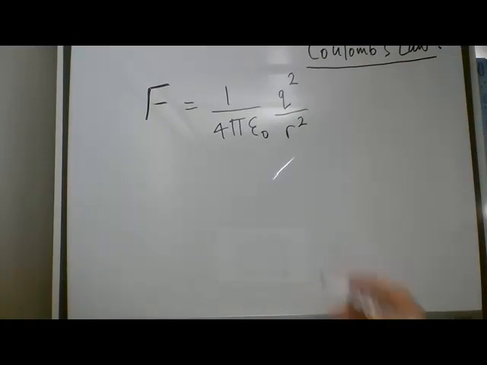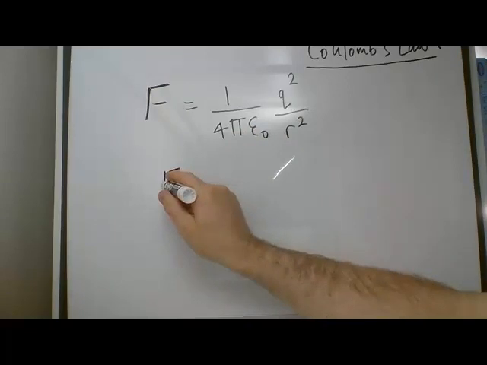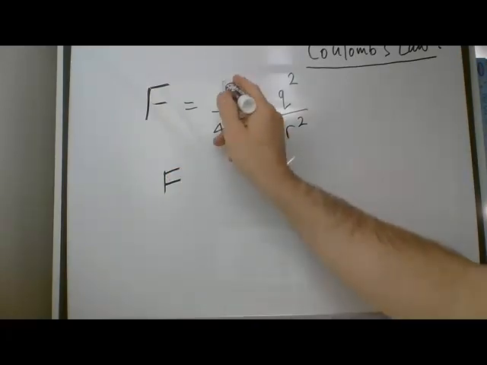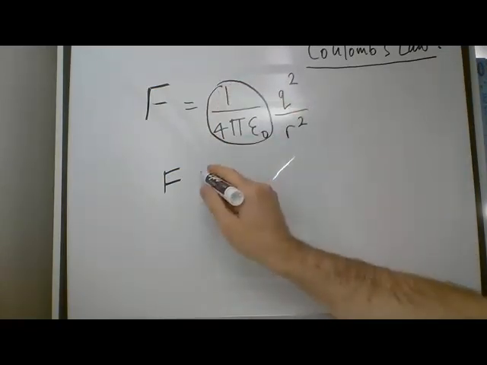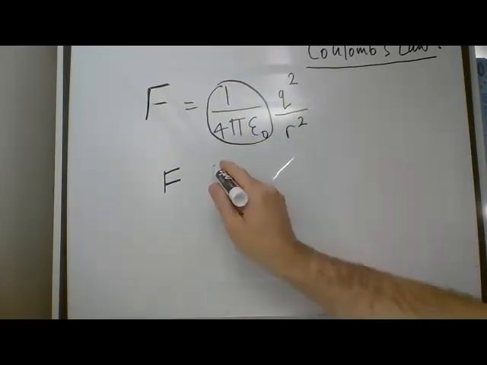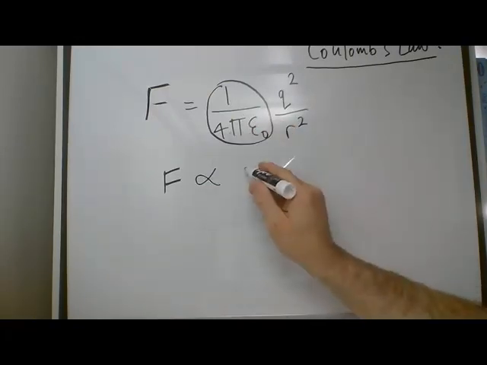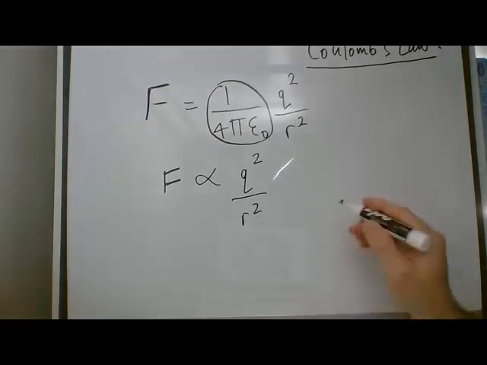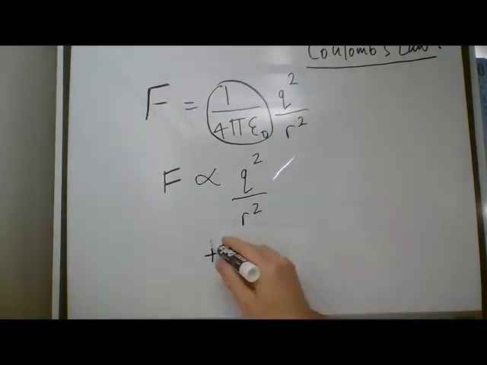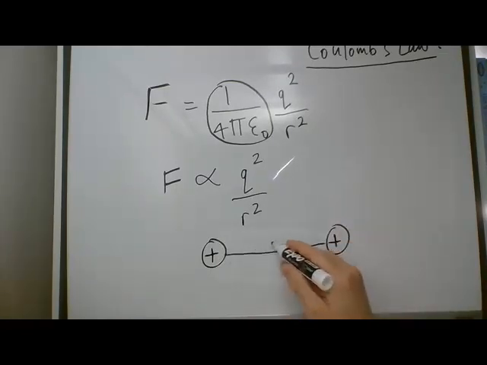So we can say that the force, let's just call this a constant, and we'll change the equal sign to a proportional sign. So we're incorporating the constant in here. The product of the charges over the square of the distance between them. Let's say we have a positive charge and a positive charge, with separation r.